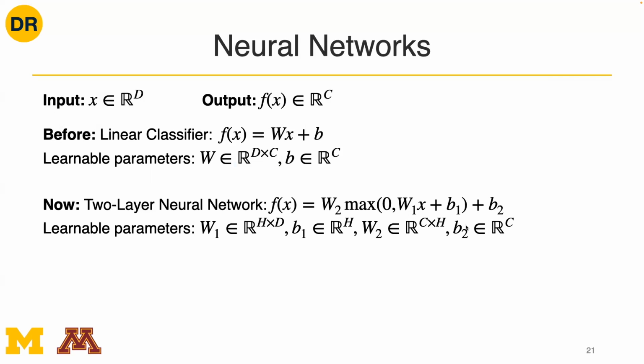So our output is C. But now we have this hidden dimension, which is what's being produced by this first layer. That hidden dimension is going to control essentially how many features are being output as a result of our first application of the learnable parameters. And so our second parameters W2 are going to depend on that size.